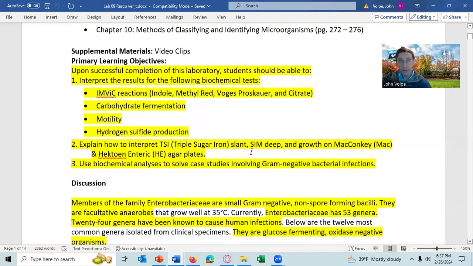And this is an acronym for sulfur indole motility test, and be able to explain what the growth on MacConkey agar means, and also the growth on Hektoen enteric agar, or HE agar plates mean. And then 3, use biochemical analysis to solve case studies involving gram-negative bacterial infections.